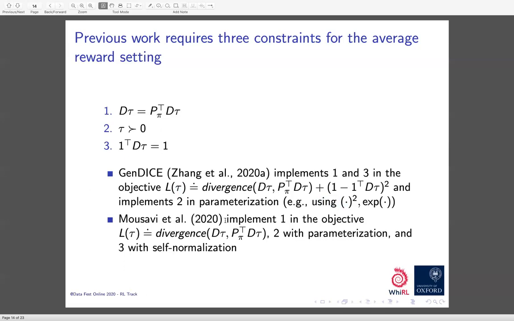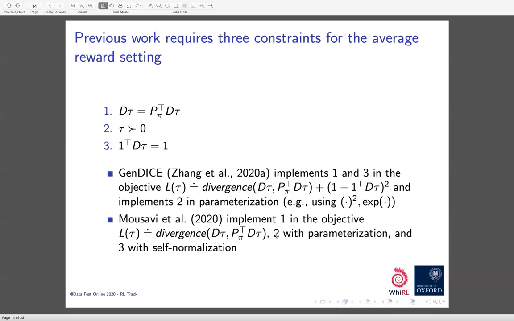Mousavi et al. implement the first constraint in the objective as well. So basically, it's very similar to GenDICE. It's the divergence between the left-hand side and the right-hand side. And Mousavi et al. implement both the second and the third constraint with self-normalization. So it looks good so far because all constraints are implemented in their algorithms, and all the 3 constraints together guarantee that we have a unique solution tau that satisfies all 3 constraints.